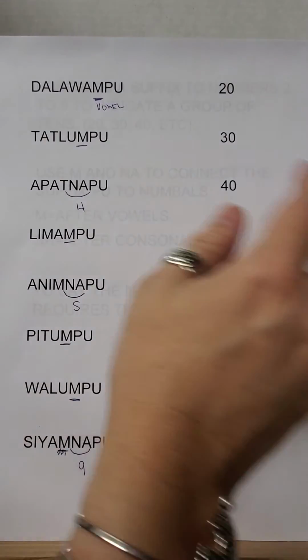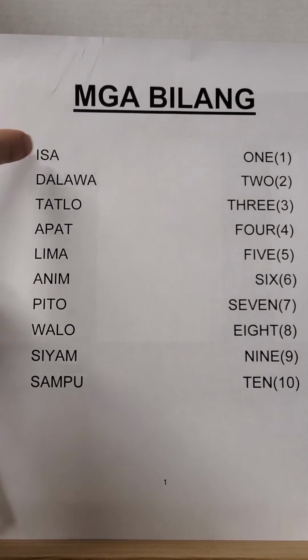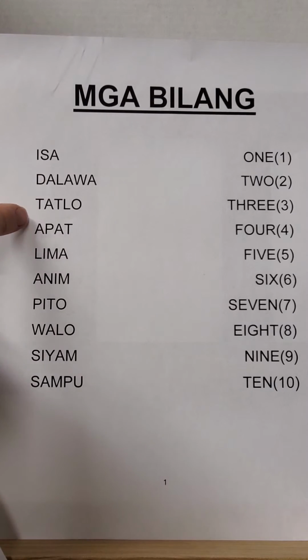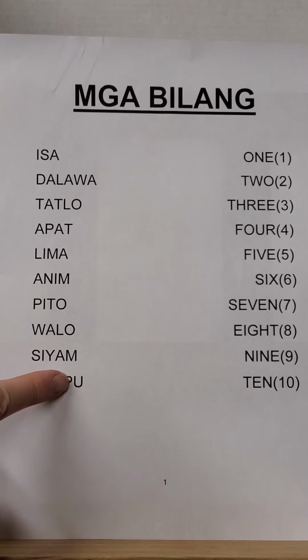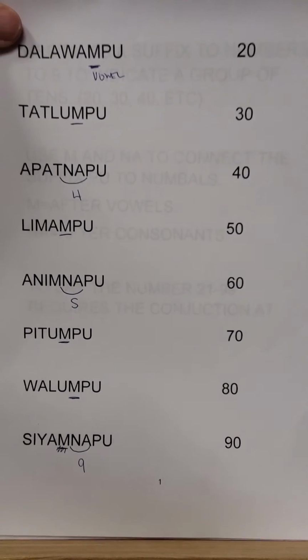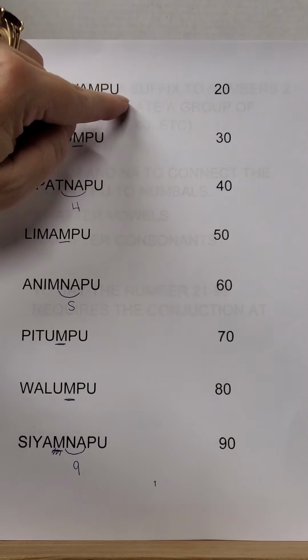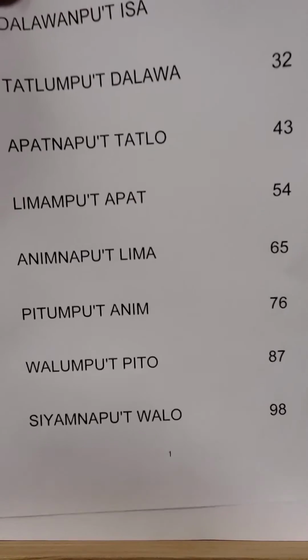So you would be having this 20, and then you would put at isa, or dalawa, or tatlo. Any of these numbers, 1 through 9, you would just add to the word for 20, dalawamput isa, or dalawamput dalawa.